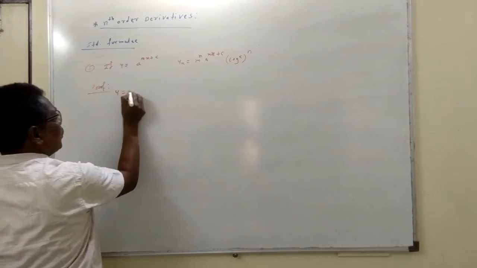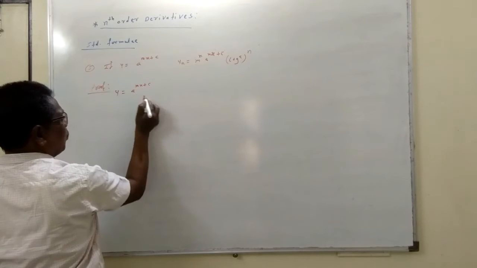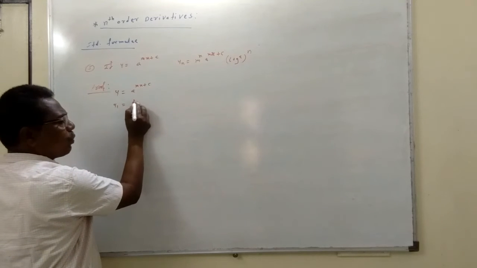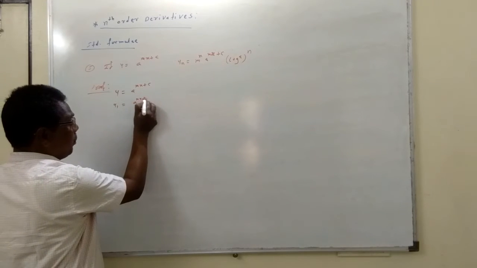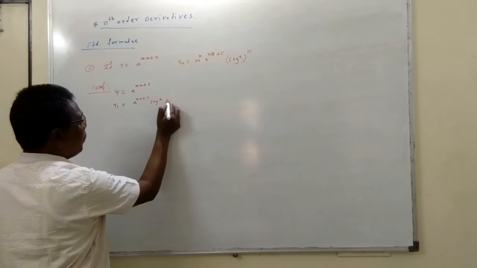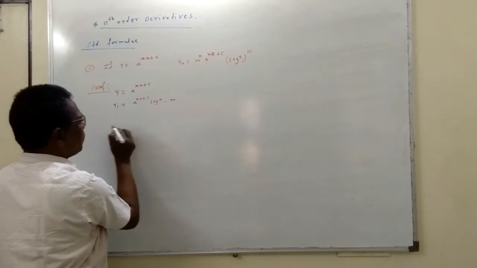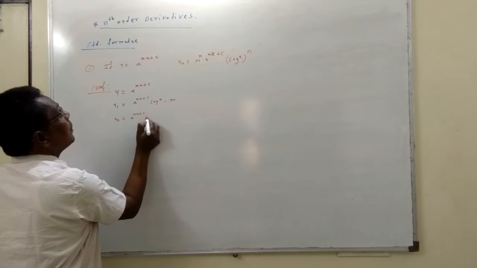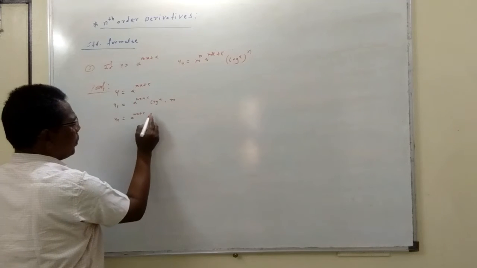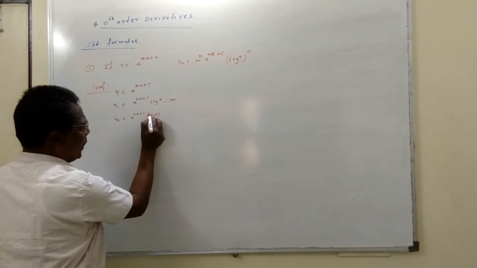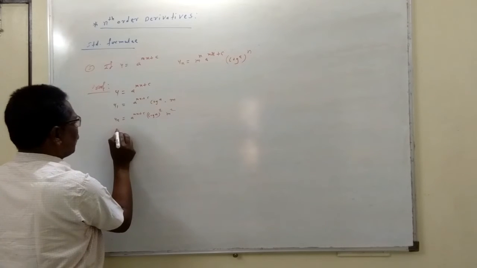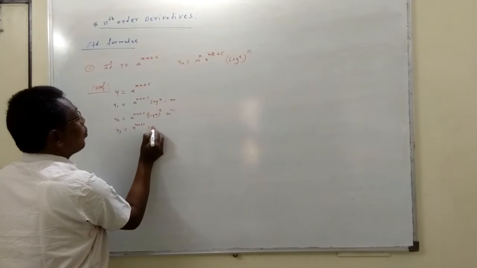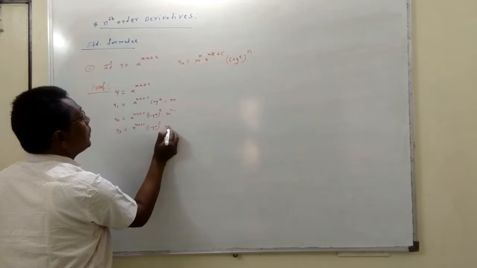So y is equal to the function a raised to (mx + c), suppose, where m and c are constants. If we differentiate, y1 is equal to a raised to (mx + c) log a, and the derivative of (mx + c) is m, a composite function. y2 is equal to a raised to (mx + c), and this is constant, the derivative of this again gives (log a) square and m square. y3 is equal to a raised to (mx + c) (log a) cube m cube.